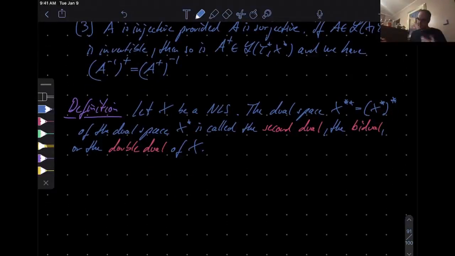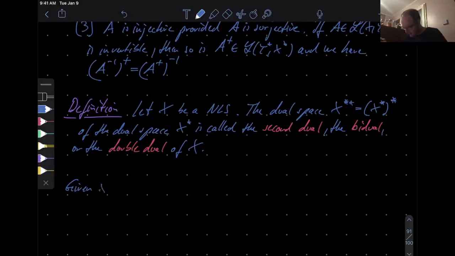And of course once you have the bidual, then you can put another star, go to the third, fourth, and so on, and all of this will play a role. But let's first understand a little bit the bidual, and then we will see if we really need the 35th dual or not.